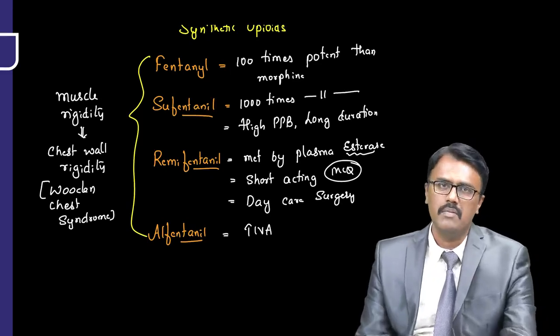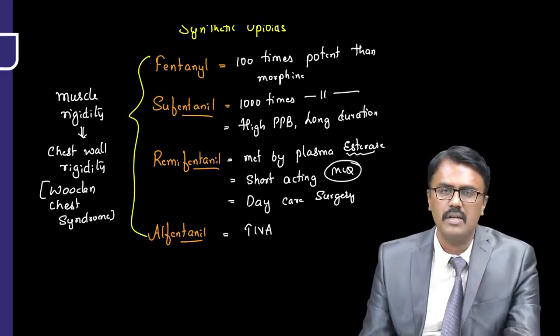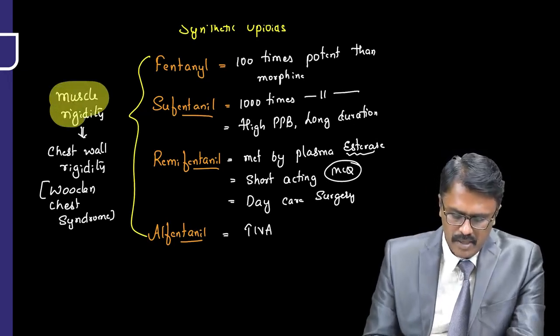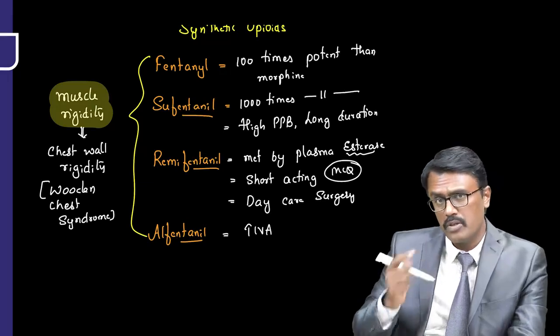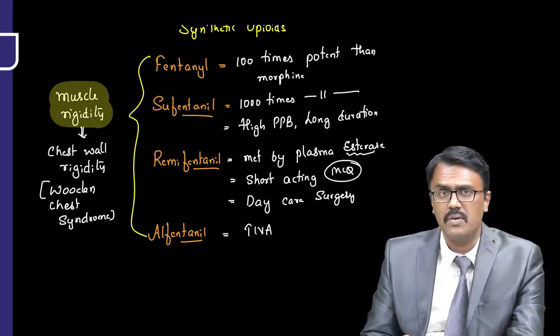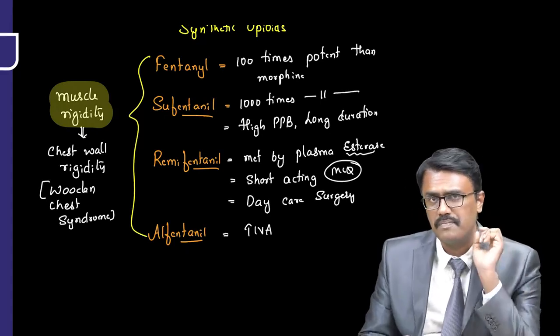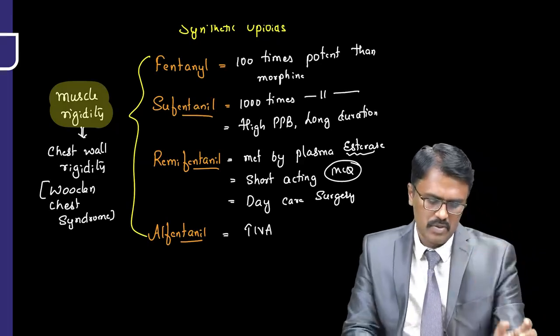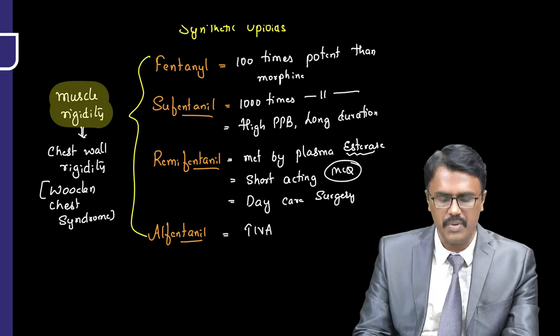That is a major problem with these synthetic opioids when we use them in anesthesia. So post-operative muscle rigidity is by opioids. Post-operative muscle soreness is by succinylcholine, because succinylcholine causes fasciculation. So that is about the synthetic opioids.